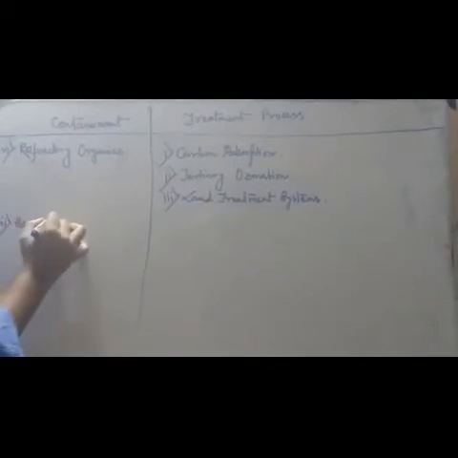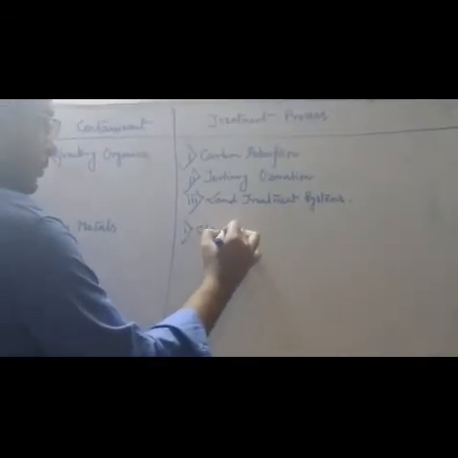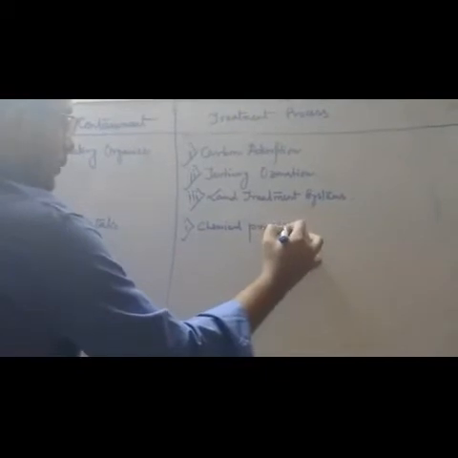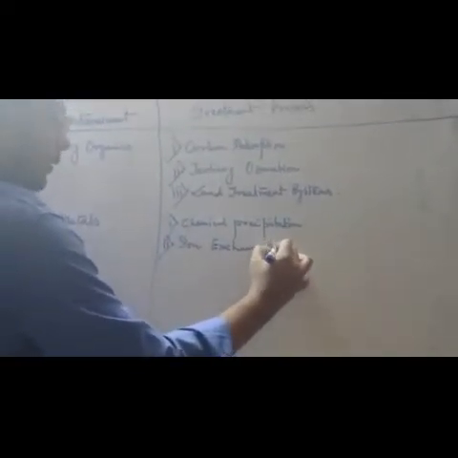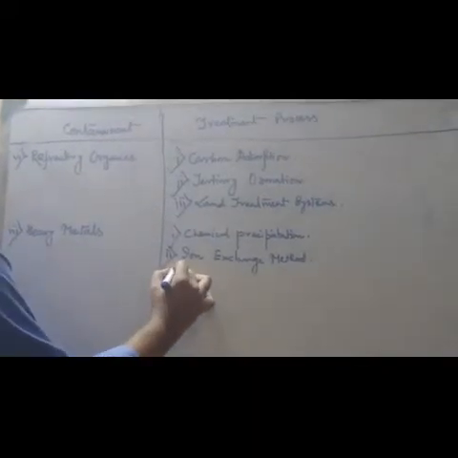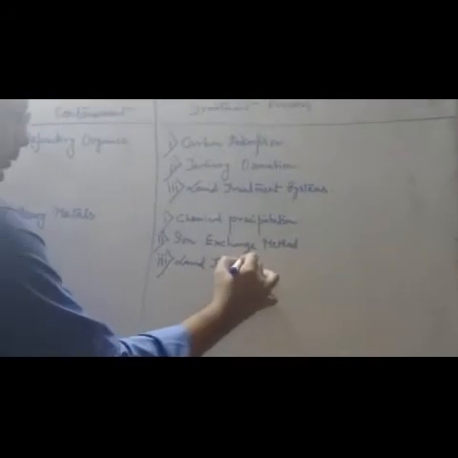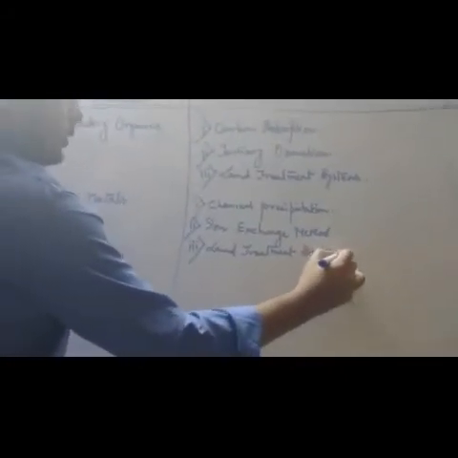If it is heavy metals, then we use, the first one is chemical precipitation, the second is the ion exchange method, and the third is the land treatment system.